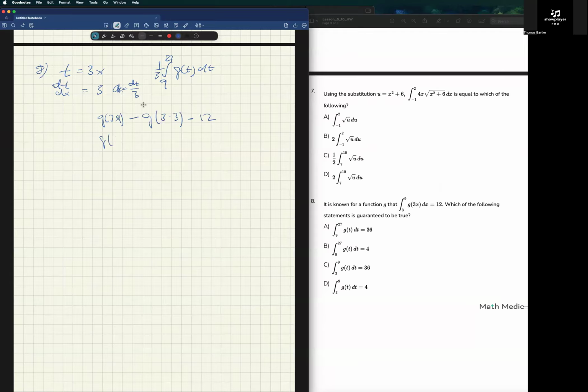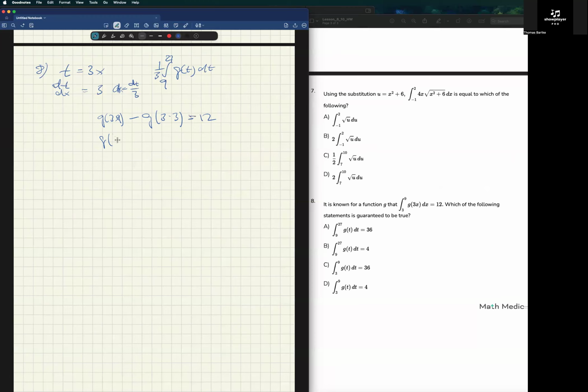Hold on, I'm getting confused here, I'm getting my wires crossed. G of 3 times 3, no, that's the lower boundary. Okay, I'm still good. G of 3 times 9 minus g of 3 times 3 is equal to 12.